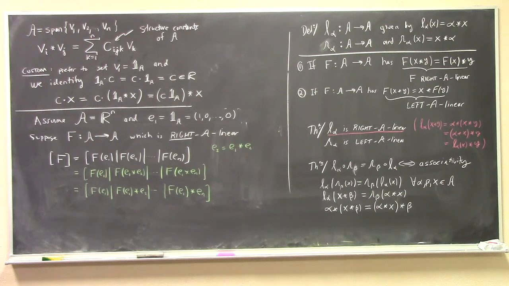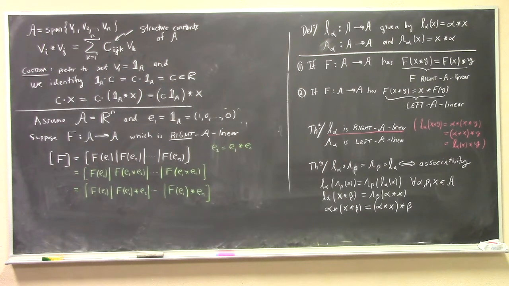So the standard matrix of a right A-linear map, if we're using the basis where e_1 is the multiplicative identity for the algebra, then the first column completely fixes what happens to the rest of the columns.